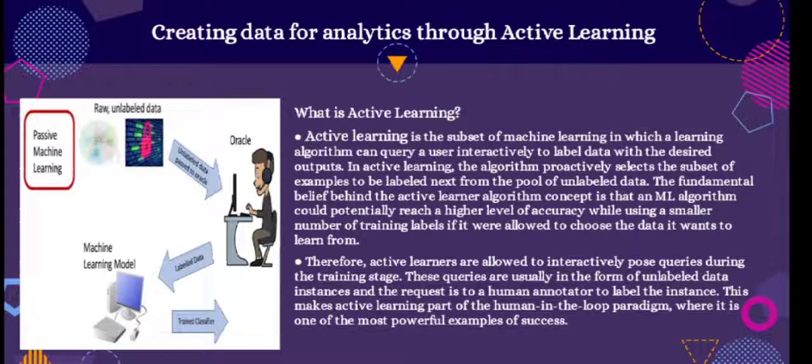The fundamental belief behind the active learner algorithm concept is that a machine learning algorithm could potentially reach a higher level of accuracy while using a smaller number of training labels if it were allowed to choose the data it wants to learn from.